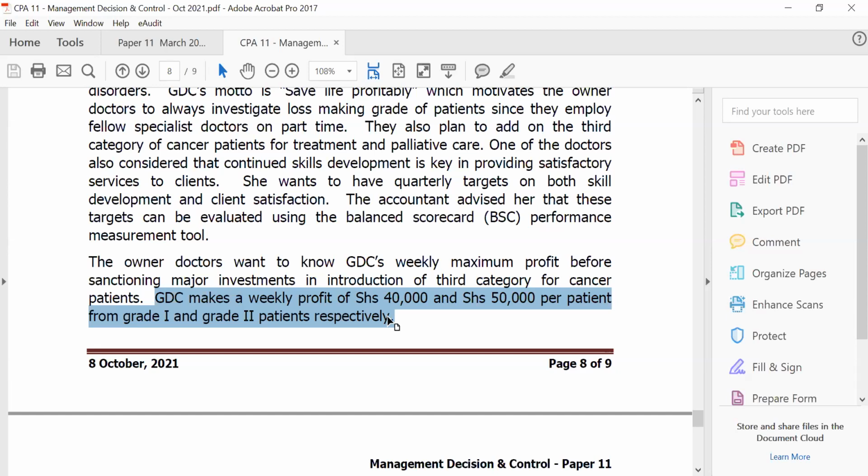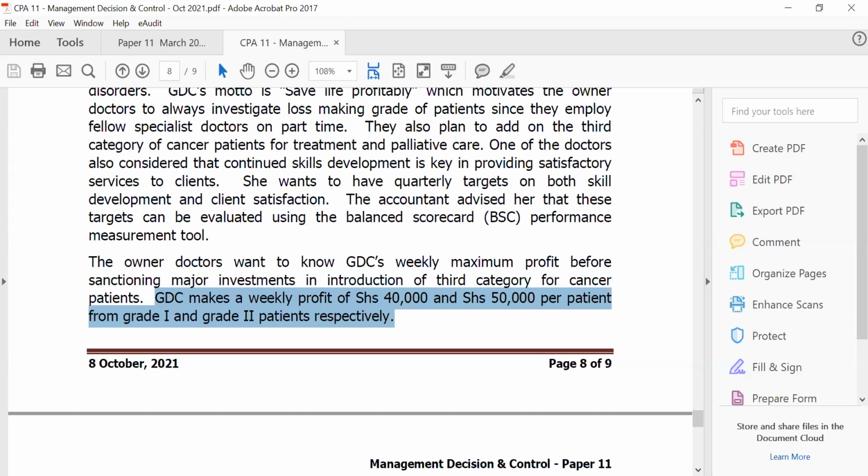Now this is what I'm going to use to write my objective function, okay? Like I said, whatever objective we have here is to maximize profits. So we want to see what combination of grade 1 and grade 2 patients gives us a maximum weekly profit. So that's what we are going to basically do.